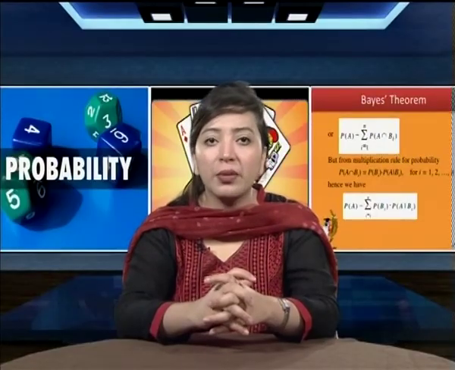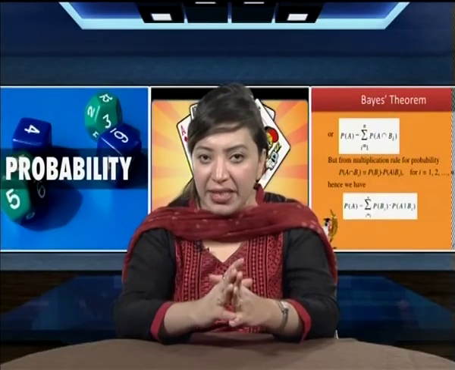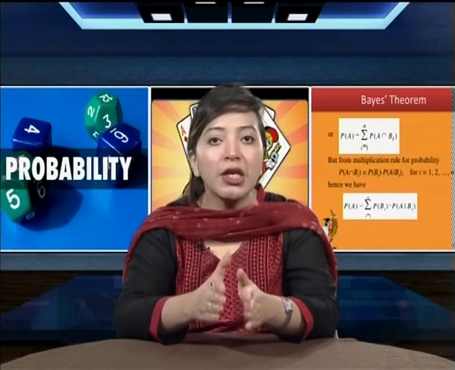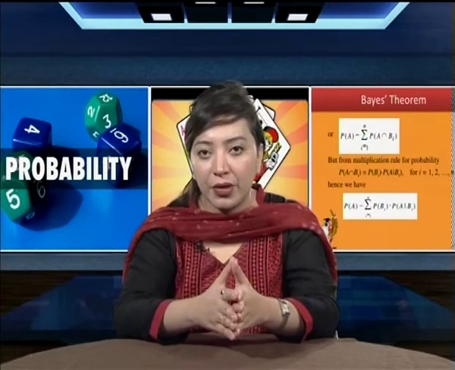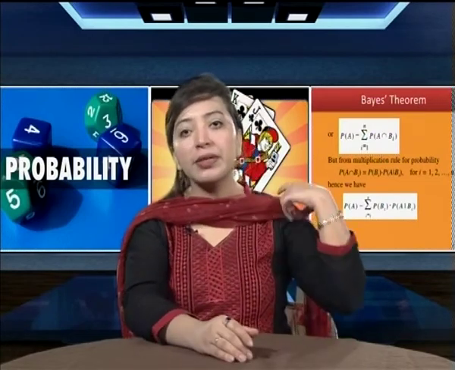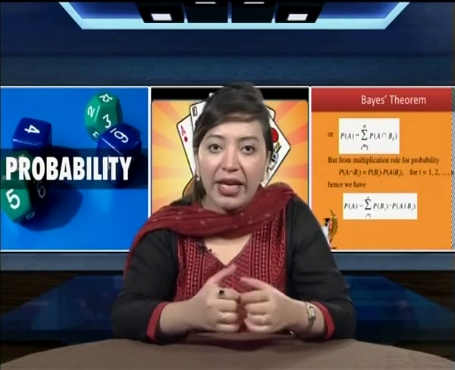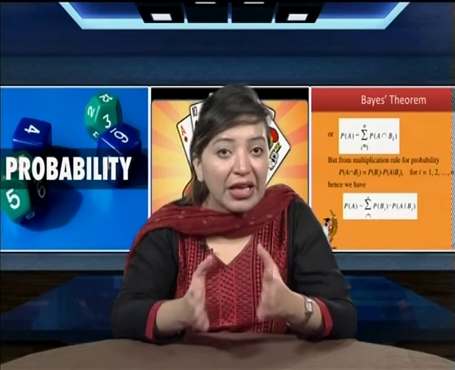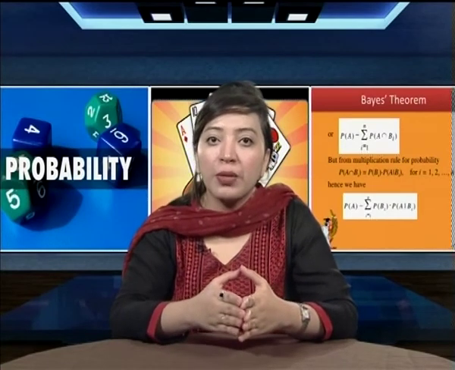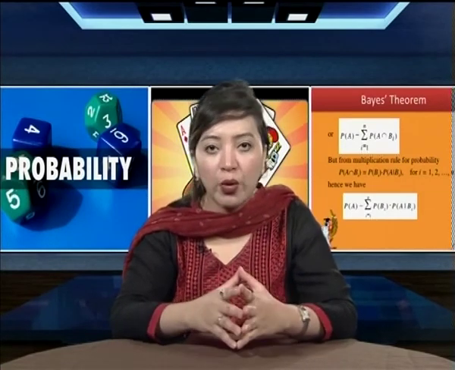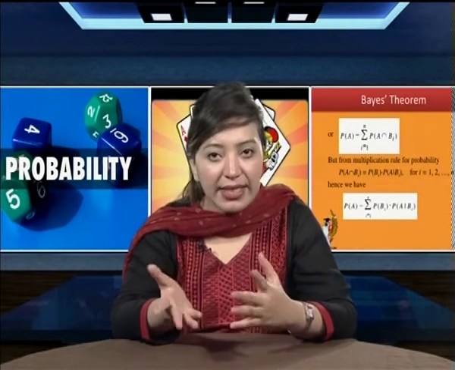Thus, a random variable is a function from the sample space of an experiment into the set of real numbers. Usually, random variables are denoted by capital letters such as X, Y and Z, and the values that these variables assume may be denoted by the corresponding lowercase letters x, y, z.